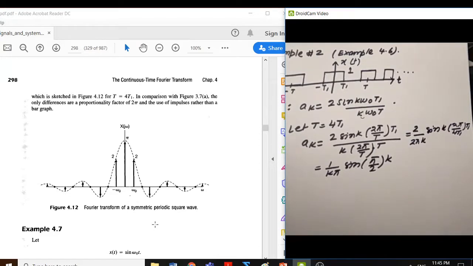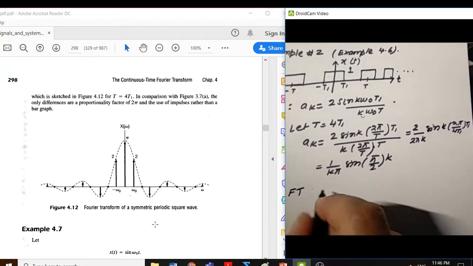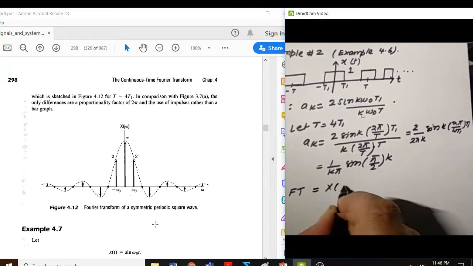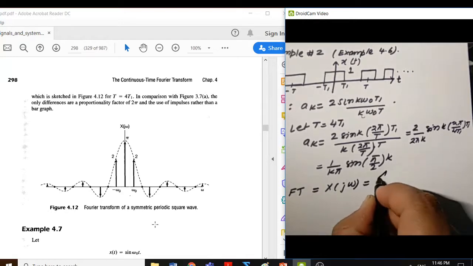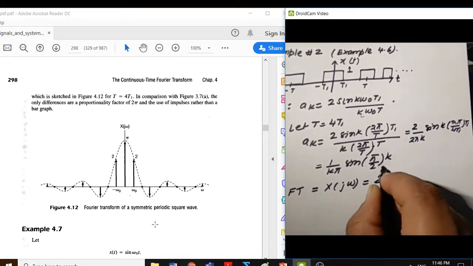Now these are our simplified a_k coefficients, but we have to determine the Fourier transform of this rectangular wave. So what we do is, we had a formula that the Fourier transform of this wave is equal to X(j omega), which is a sampled version of a_k.